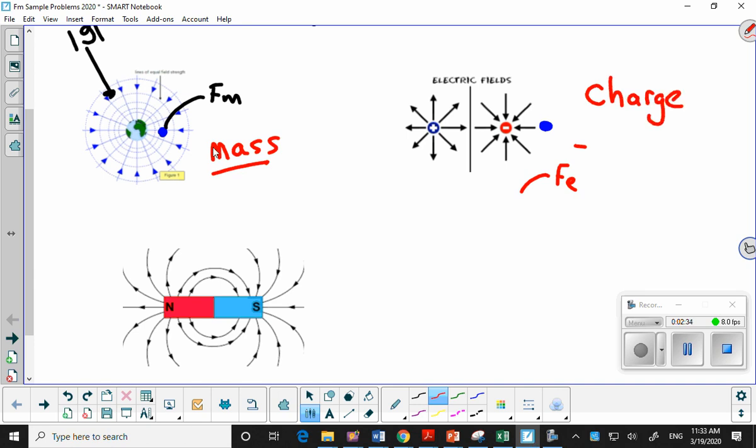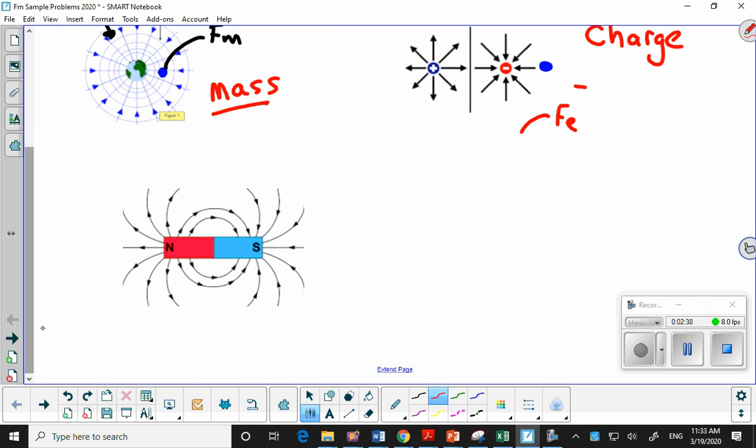Now when it comes to magnetic fields, on a typical old-fashioned bar magnet, you can see the direction of the field around here. First of all, if you go to the North Pole, what you see is the field goes away from the north and it comes towards the south.